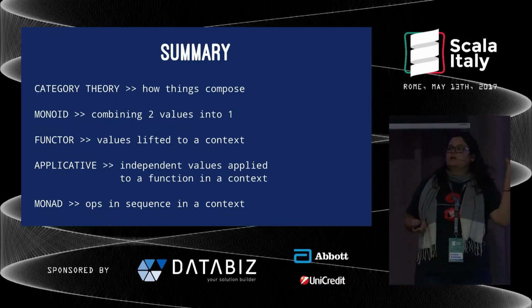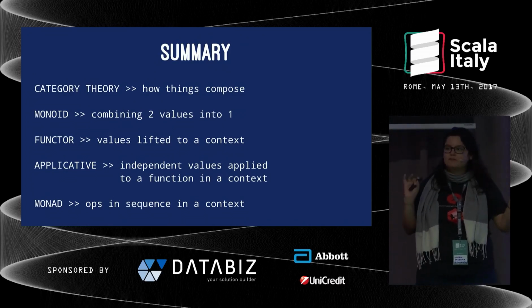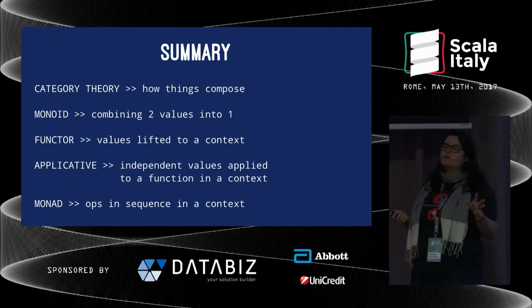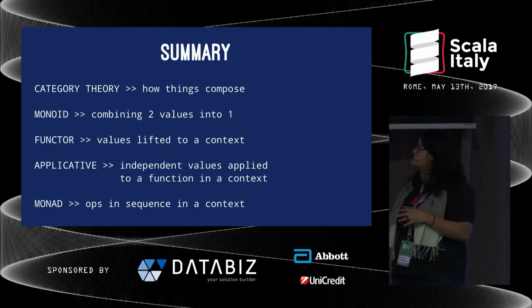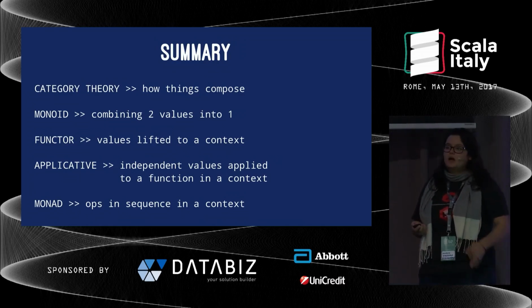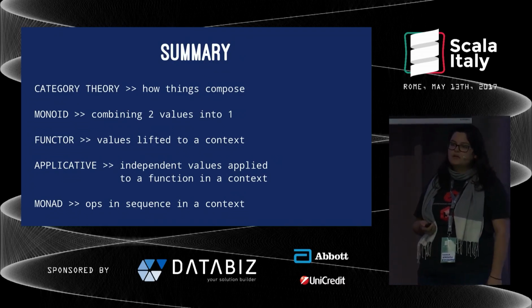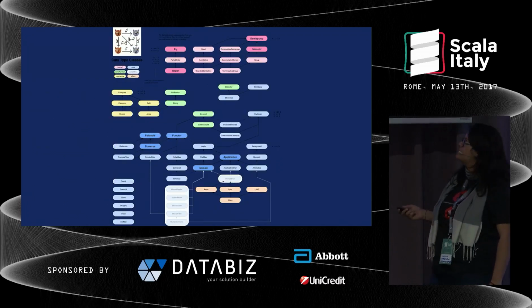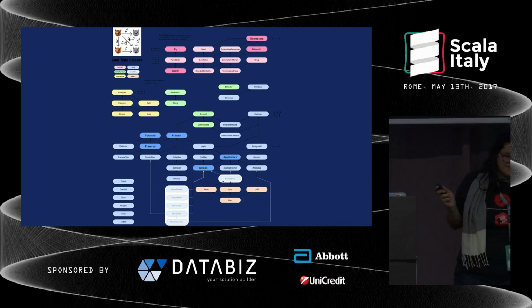So hopefully, now you know a little bit more about these crazy words, and you will understand when people mention these principles. Is this everything there is to know to cats or category theory in general? Well, absolutely not. I did this on purpose to scare you.